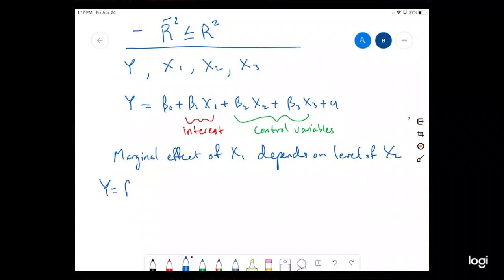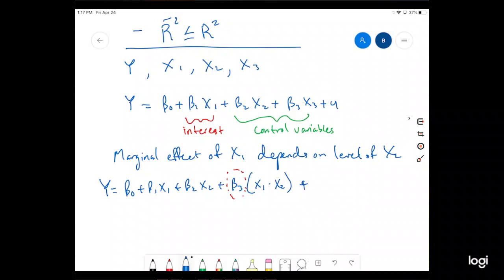y equals beta 0 plus beta 1 x1 plus beta 2 x2 plus beta 3 x1 times x2. So that's going to be the test of whether or not the marginal effect of x1 depends on the level of x2. The test specifically is whether or not the coefficient on this interaction, beta 3, is equal to 0.